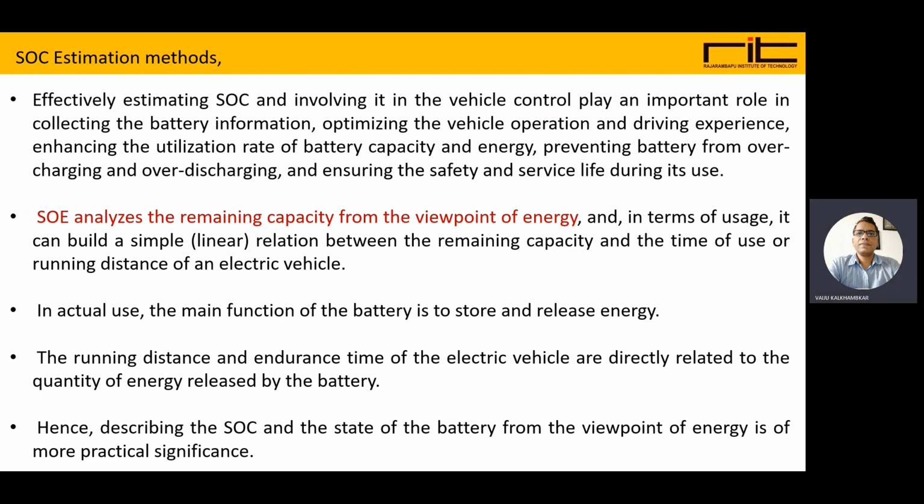State of energy is another term which analyzes the remaining capacity from the viewpoint of energy and in terms of usage. It can build up a simple relation between the remaining capacity and the time of use or running distance of the electric vehicles. In actual use, the main function of the battery is to store and release energy.